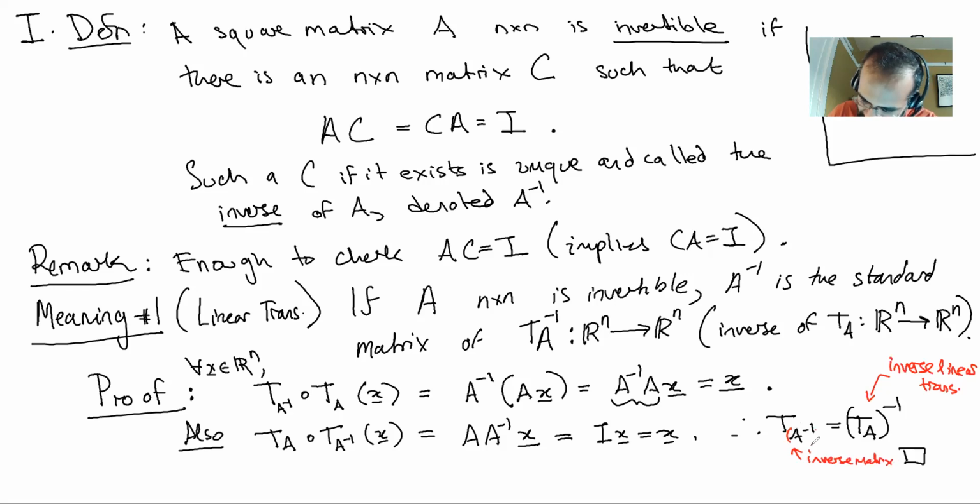At least this part here is the inverse matrix. So the content of this is that this algebraic notion of matrix inversion corresponds to the conceptual operation of inverting a linear transformation. So maybe this becomes more clear with an example. Let's do an example.